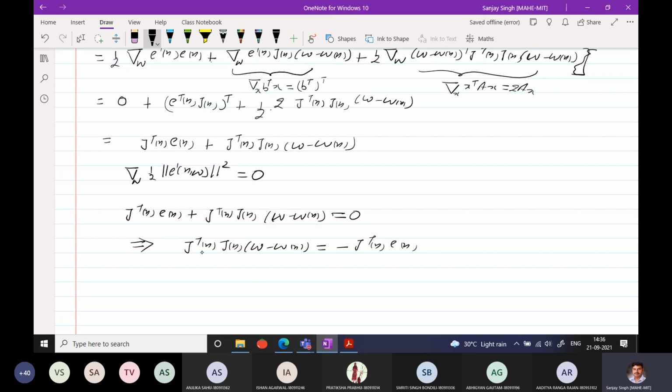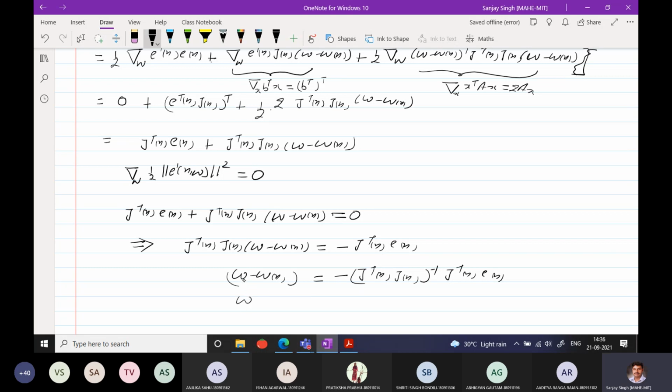Now we are moving everything except the W's to that side. It means W minus W_n, this is also a particular matrix only. So this can be minus (J_n^T J_n) inverse, because here it comes with J_n^T E_n.